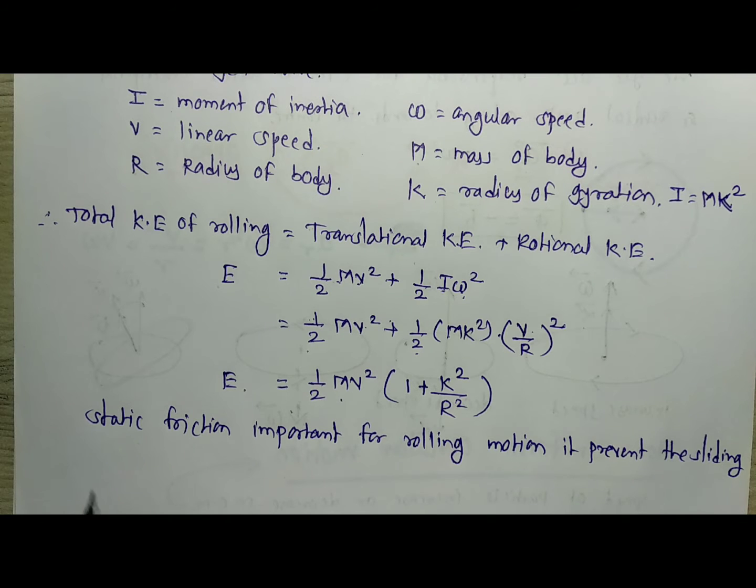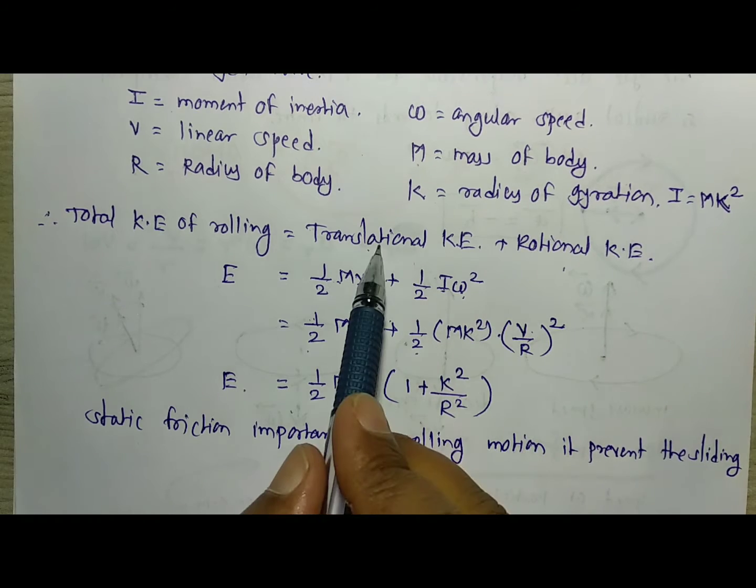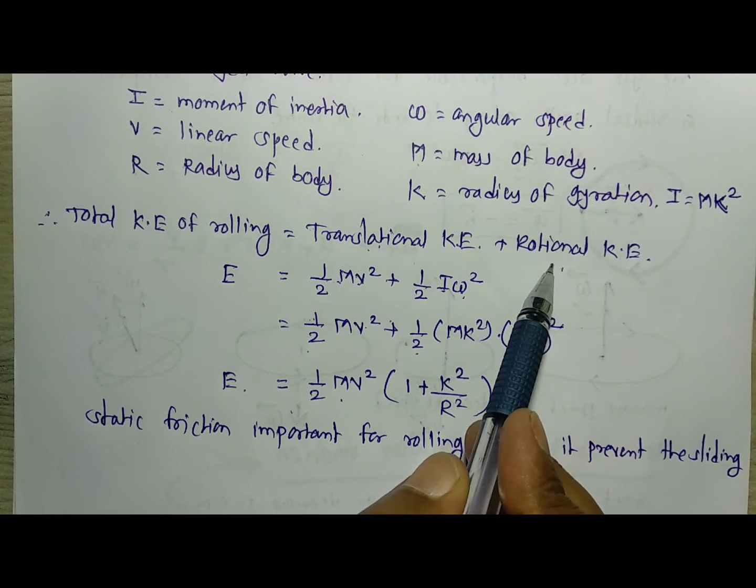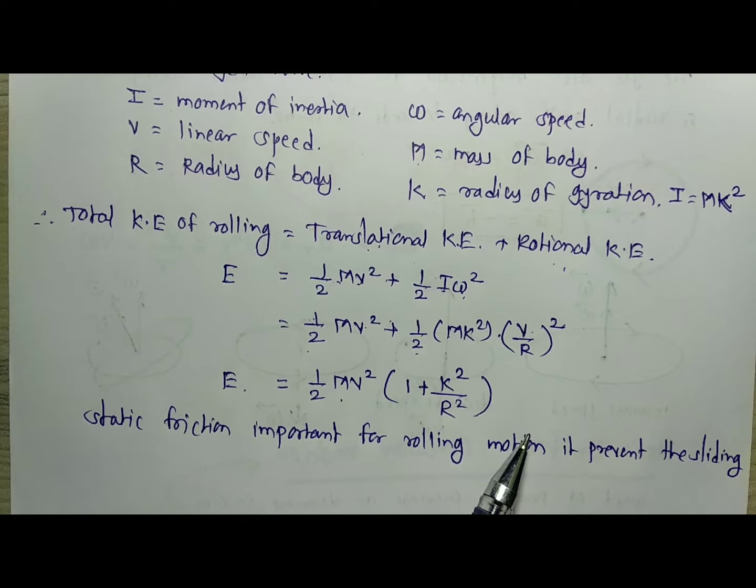Therefore static friction is most important to prevent the sliding of the body, and you will get pure rolling motion. In pure rolling motion, the total kinetic energy of rolling motion is a combination of translational as well as rotational kinetic energies.